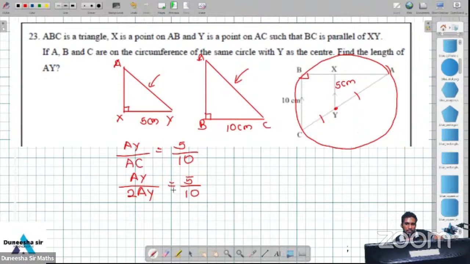Okay, get the answer. AY is equal to 5 multiplied by 5 over 10, which is 5 by 2. Okay, how much is AY now?